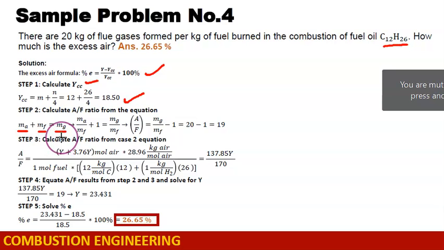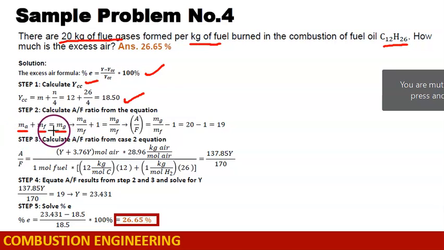Since we are given the mass of gas per kilogram of fuel, we need to manipulate this equation in such a way that we can solve for the air-fuel ratio.